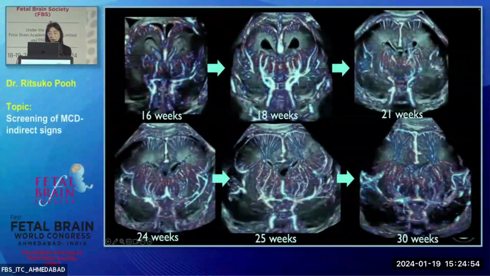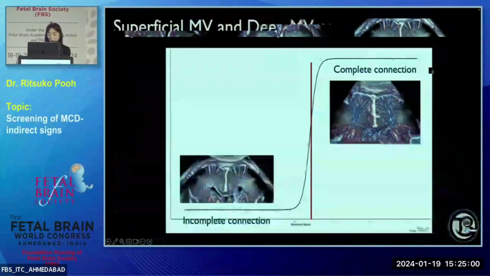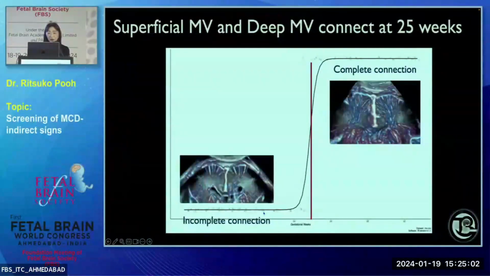This is a 3D slow flow image between 18 and 30 weeks of gestation, and here you can see the superficial medullary vein and deep medullary vein connect, most probably due to the anastomosis veins, at almost 25 weeks of gestation.